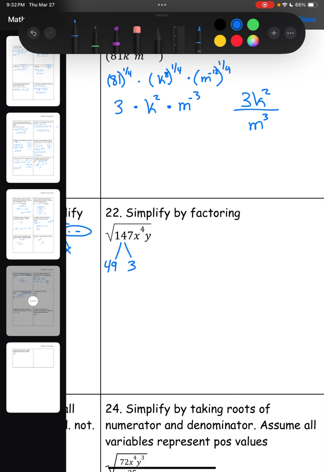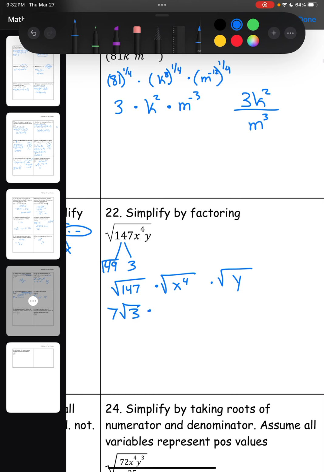So, actually, we're just going to separate this if it makes more sense. So, 147 times x to the 4th, right? That's basically what we're going to be doing here. So, let's focus on this one. 147. That's going to be the 49 and 3. So 49 is going to be under the square root. Draw out a 7. We have 7 cube root 3.